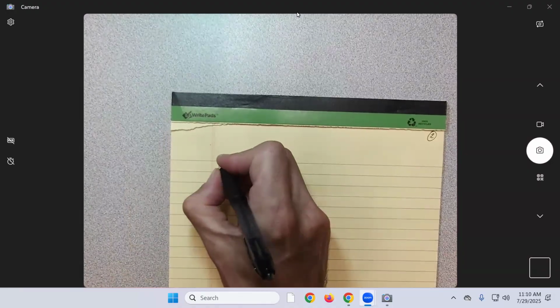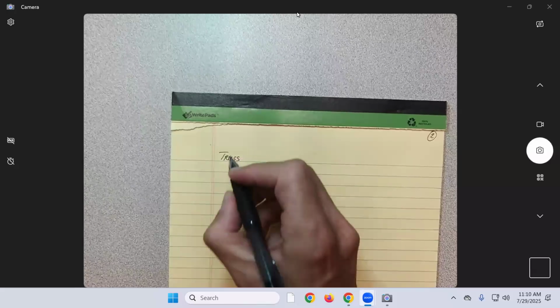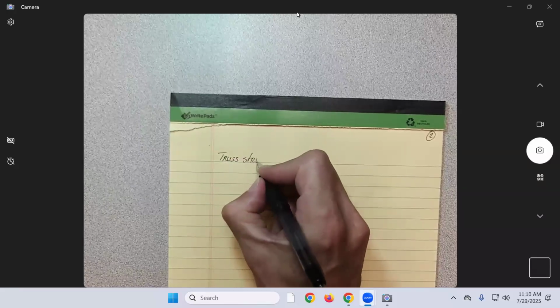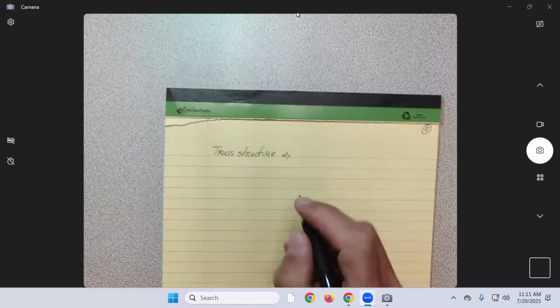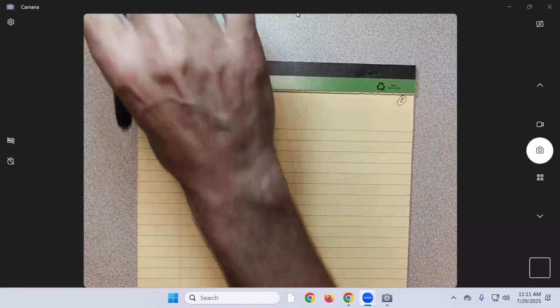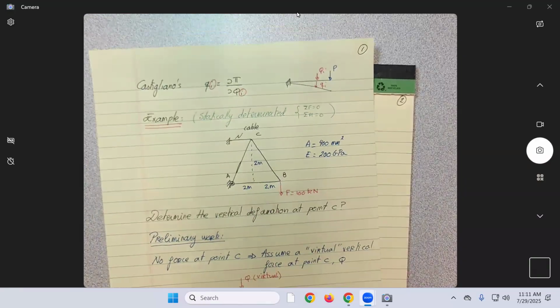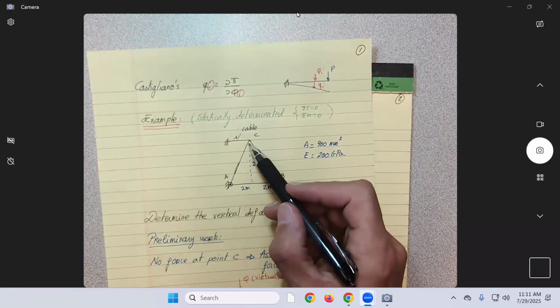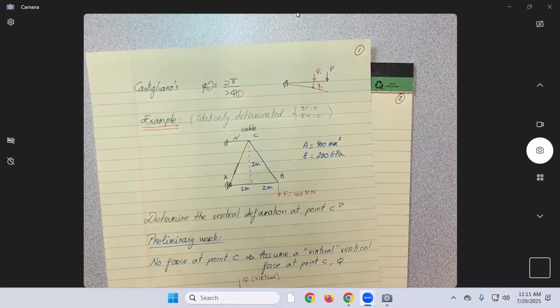Okay, so this is a truss structure. Generally, what do we assume about any structure that is made out of trusses? We have been doing that all the time. What would be the loading on each one of these members? It would just be axial, no?